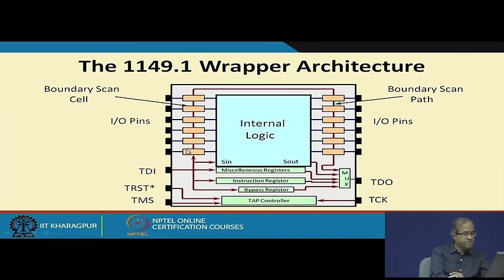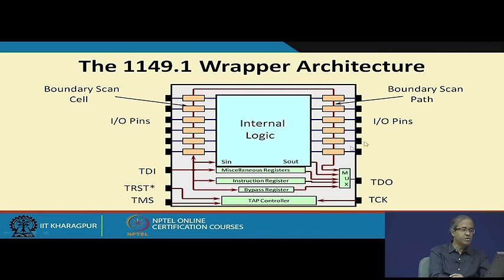Each boundary scan cell, as you can see, has 4 connections: bottom, top, left and right. They are connected in a certain way, so that when a signal comes from the external pins of the chip, it can be sent to the internal logic through the left to right connection.